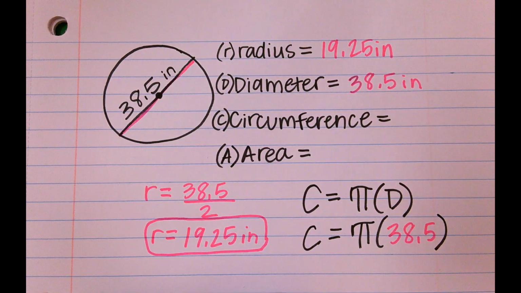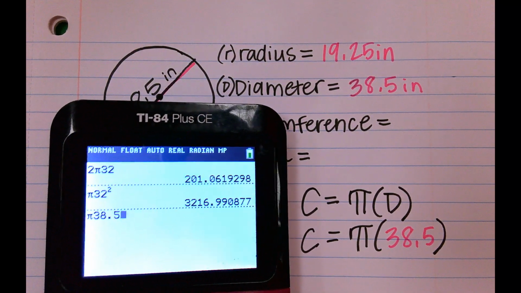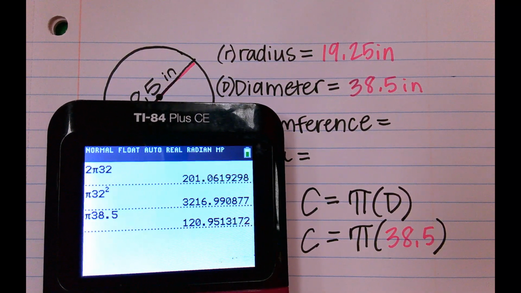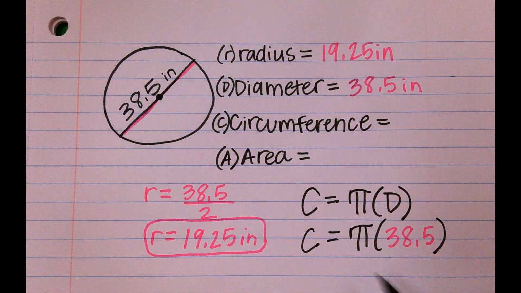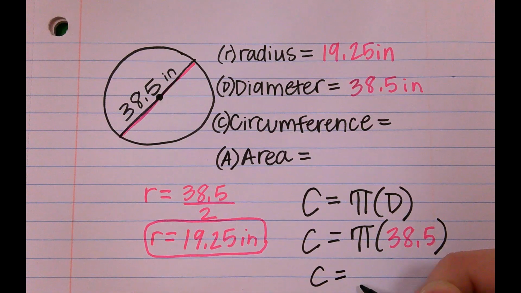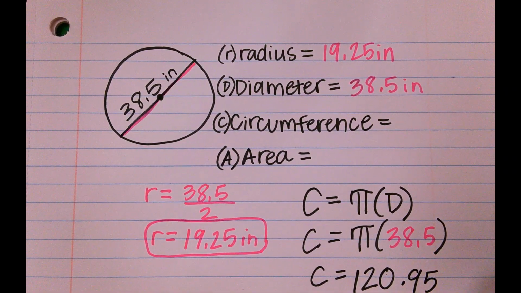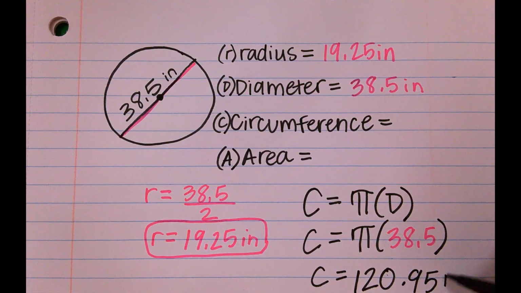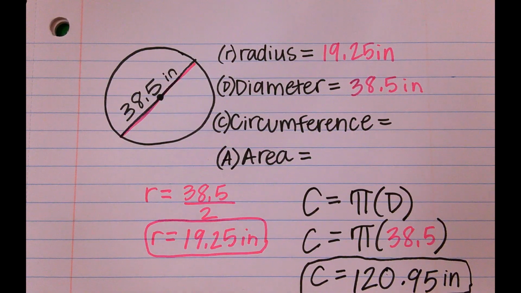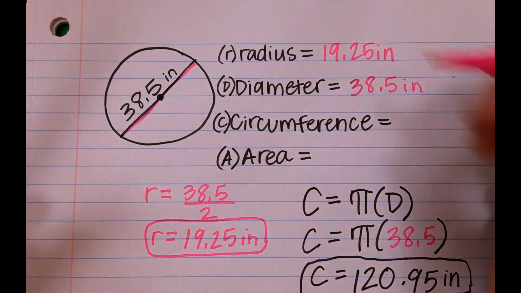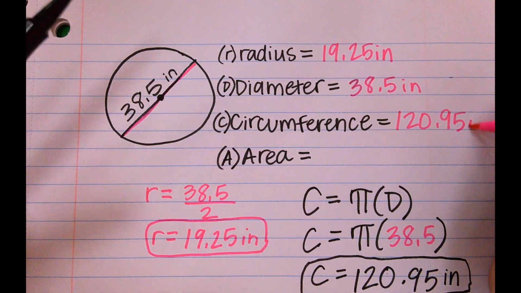Pi, second up arrow, 38.5. You get 120.95. Good. And what did we just find? The circumference. So what would our units be? Inches. Circumference is a length. So let's write in the circumference spot 120.95 inches.